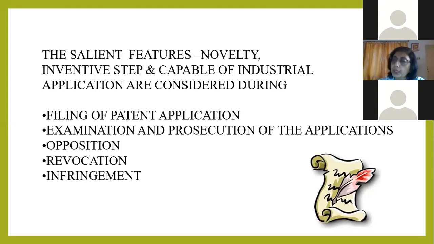So you see, because it is a monopoly being granted, there are so many barriers, so many checkpoints, so that no bad patent is granted, or that whichever patent is granted should be novel, inventive, and having industrial application.